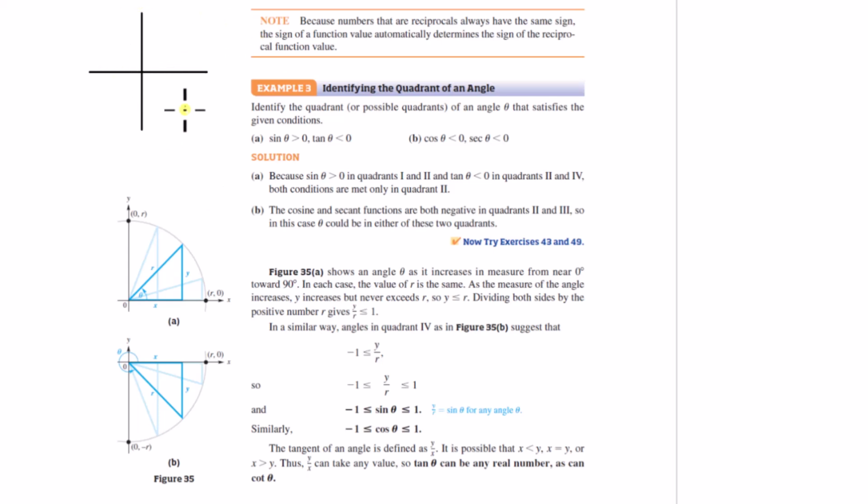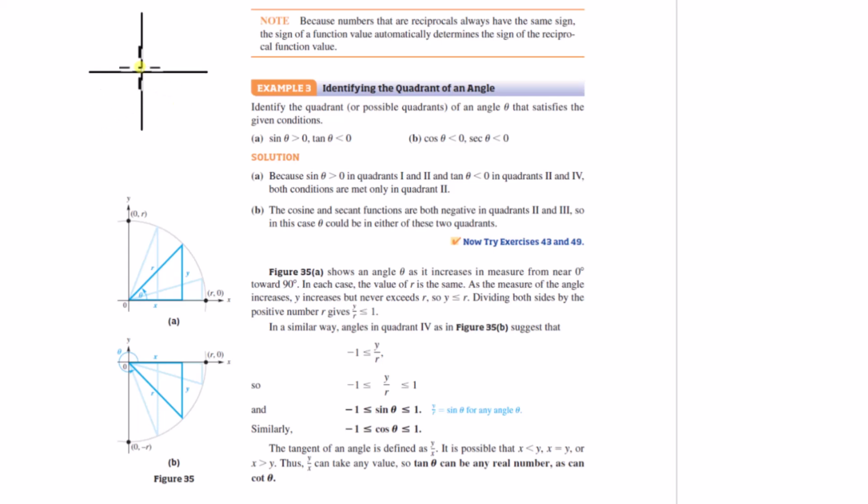All right. So sine of theta is opposite over hypotenuse. Okay. So if you think about it, what is opposite for any right triangle that we draw? Opposite will always be the y value.